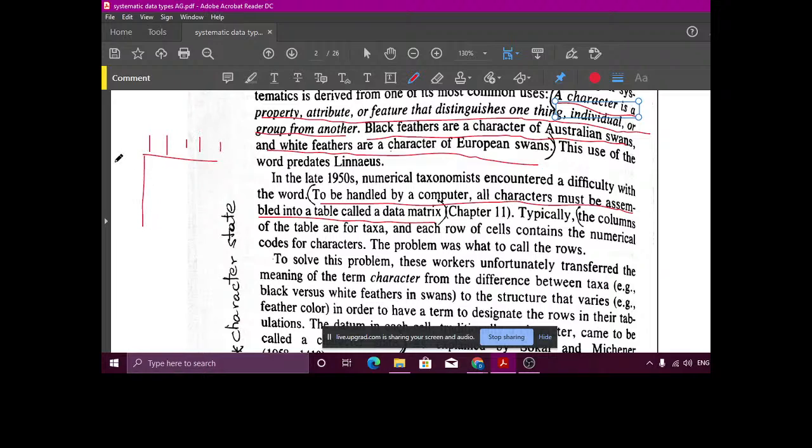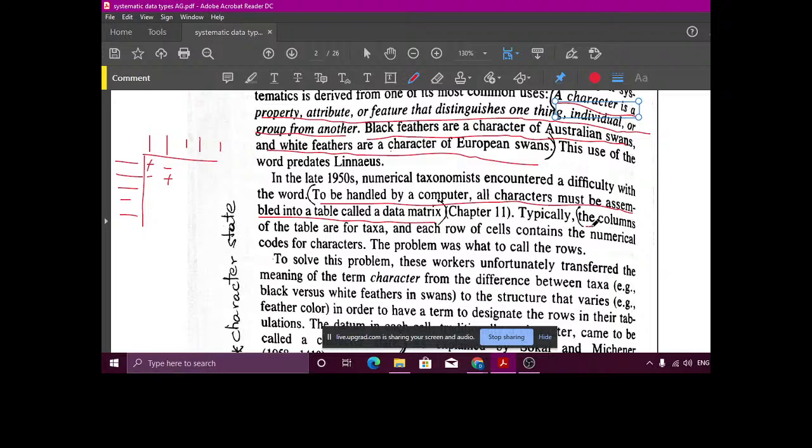Here you give the names of the species, species 1, species 2, species 3, species 4, species 5. Whether this character is present in species 1, yes, you give a plus. Whether this character is present in species 2, no, it is minus. Whether this particular character is present, no, minus. This is plus. Like this, a table like this is a data matrix which you construct. So this type of data was very important when you worked with characters.